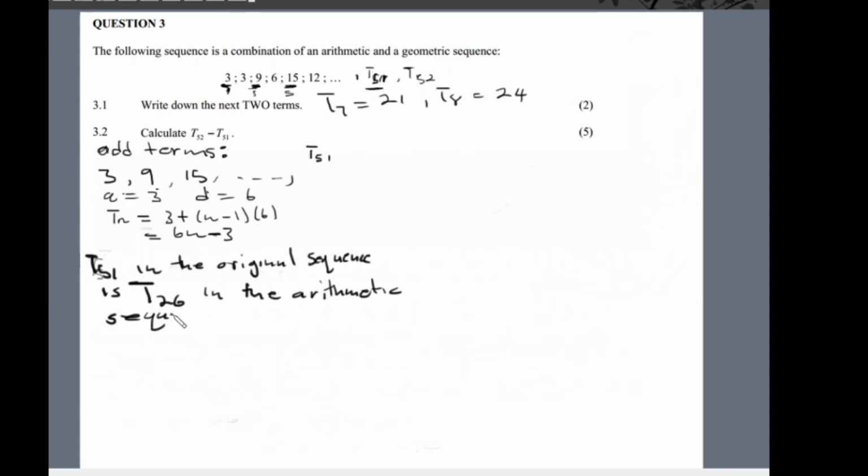So T51 will be equal to term number 26. Okay, let's calculate term number 26 from the arithmetic sequence.